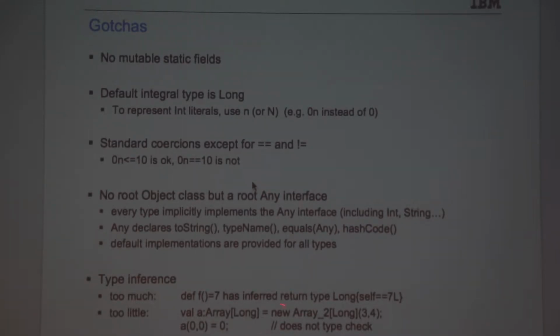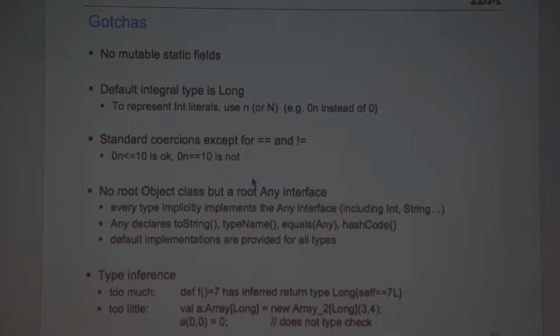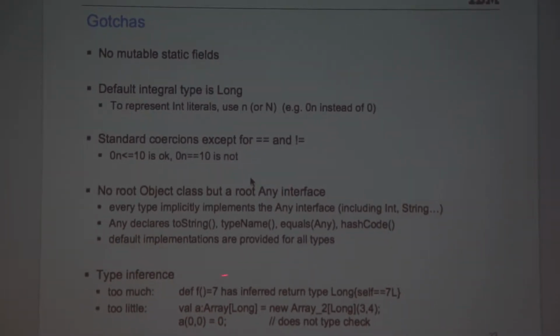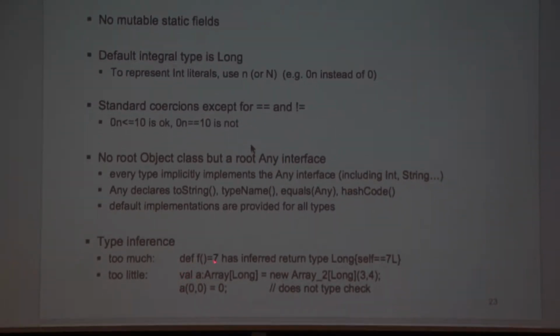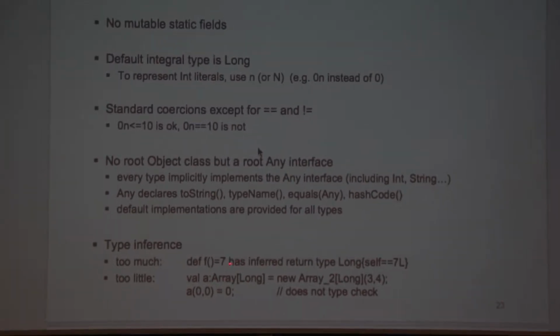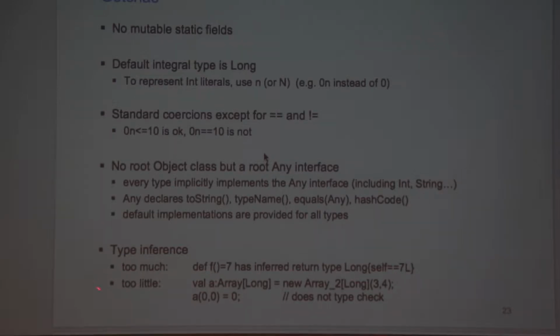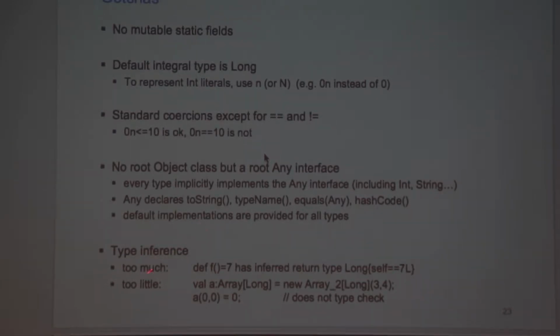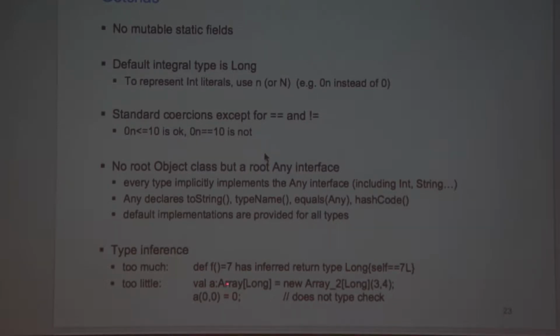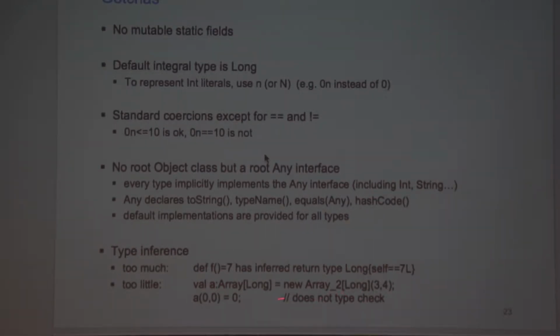Now, type inference sometimes can surprise you. So when you're working with the language, you have to be aware of things like this. def f = 7 will return a very concrete type for f. That is long with the value 7, because it's going to infer that from the initialization expression. And in something like this, if you did not have this array declaration, colon Array[Long], then the type of a would be Array_2 of Long.